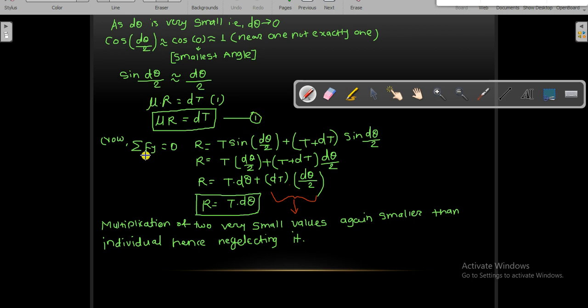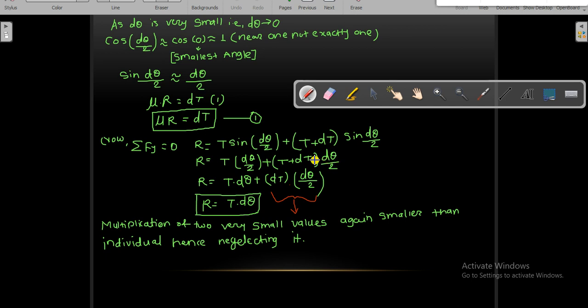Now we will equate summation F of y equal to 0. Again using the sine component of T and T plus dT, we will get the value R equal to T d theta plus dT into d theta by 2. How have we got sine d theta by 2 equal to d theta by 2? Because you know that for a very small angle the value of sine x will be equal to x. From that we have written it.